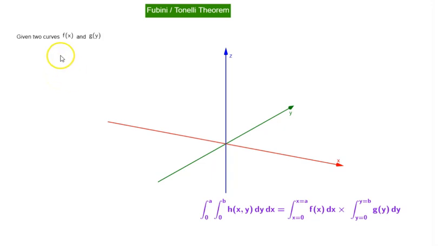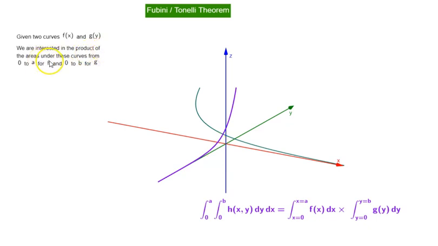Given two curves, f of x and g of y. So let's say f of x is this and g of y is this. We are interested in the product of the areas under these curves from 0 to a for f and 0 to b for g.